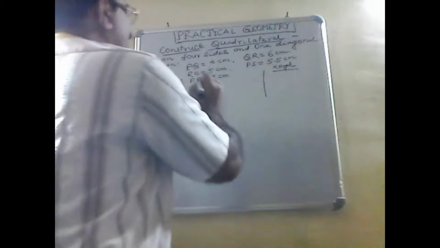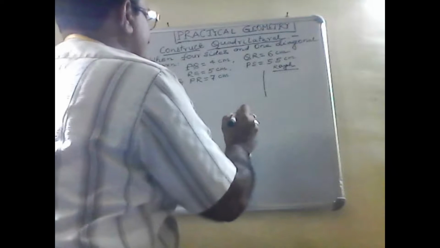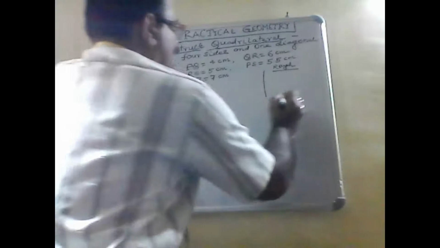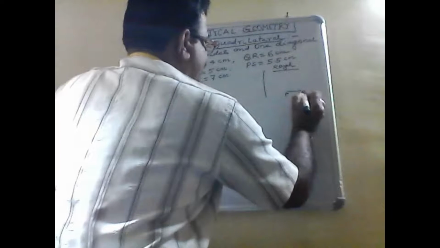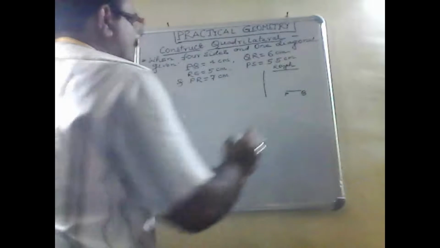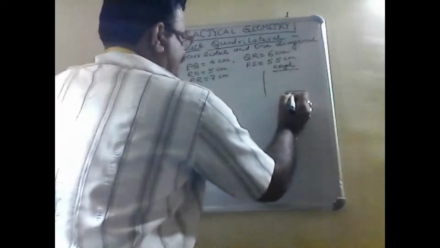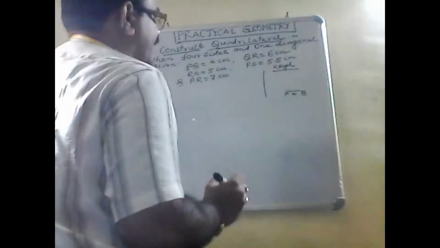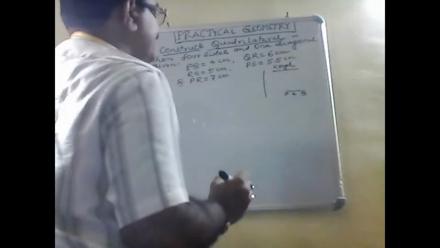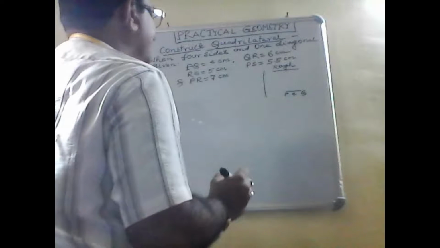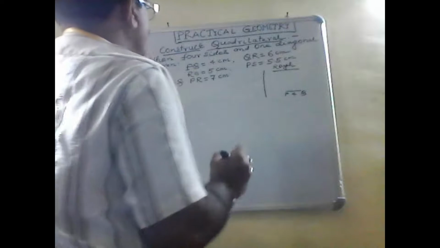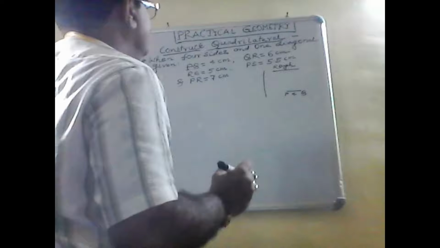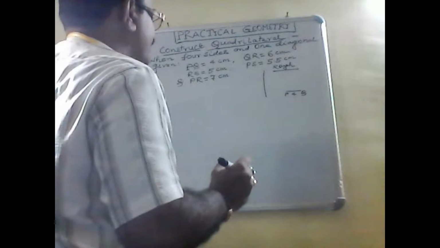Suppose you are taking PQ as 4 cm, so you take PQ here; don't measure the length, it is PQ, and its measurement is 4. Again you can see the next is QR and RS, and next PR.